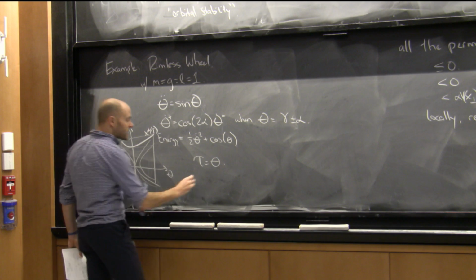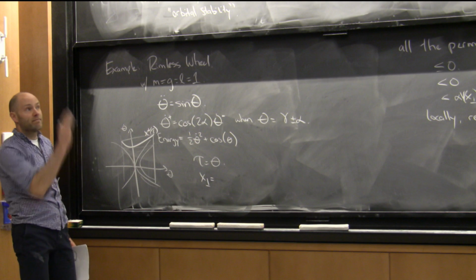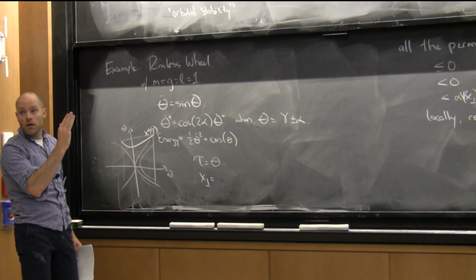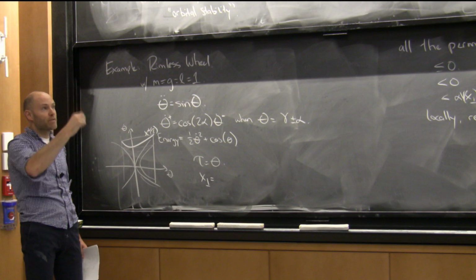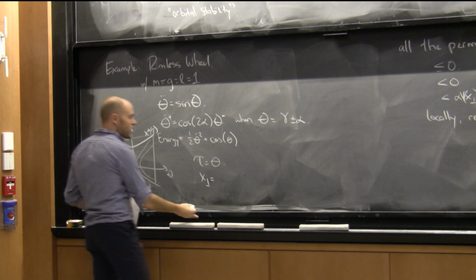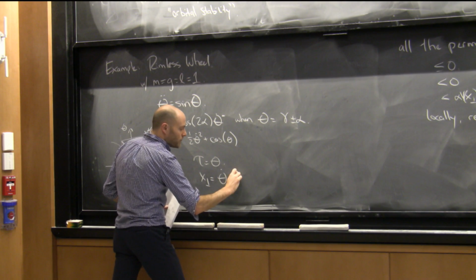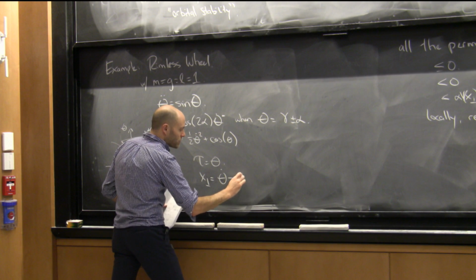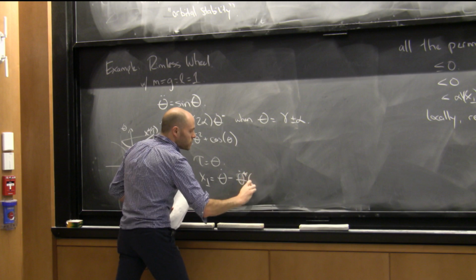And I'll choose x perp to be basically theta dot. But because I want my quadratic Lyapunov function to be centered on the nominal trajectory, I'll do theta dot, but subtract off the nominal, I'll call it theta dot star, which is a function of tau.